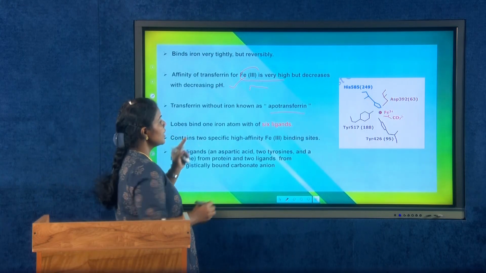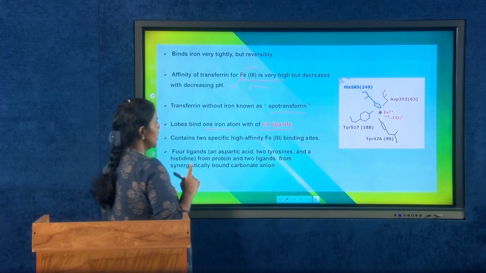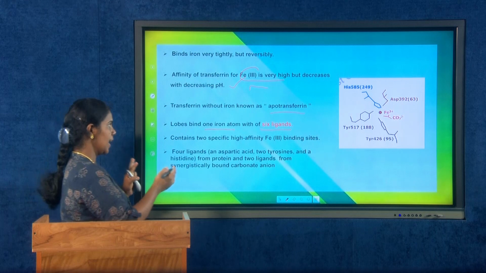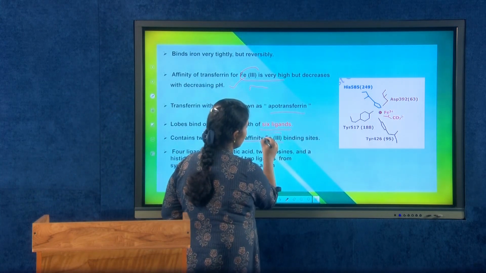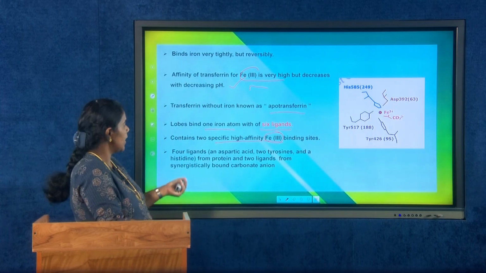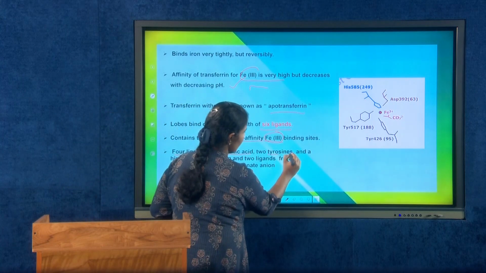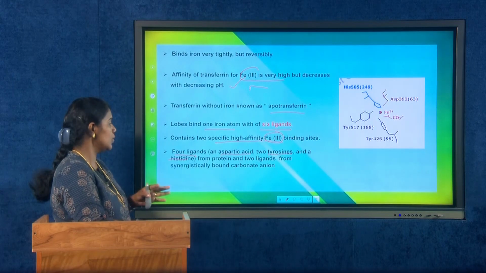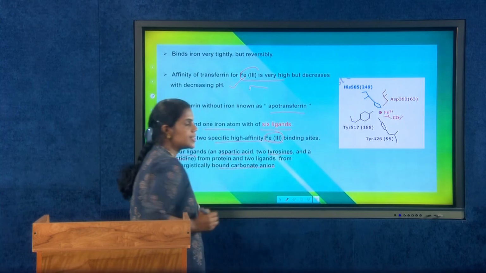Each lobe binds one iron atom with 6 ligands. It contains two specific high affinity iron 3+ binding sites. As I have mentioned, 4 ligands are from the protein, aspartic acid, tyrosine and histidine, and 2 ligands come synergistically from the carbonate anion.